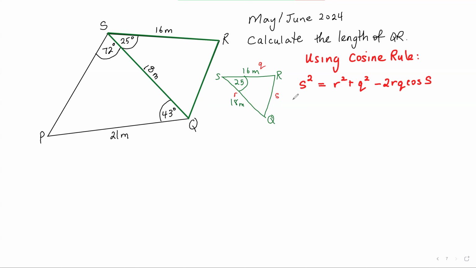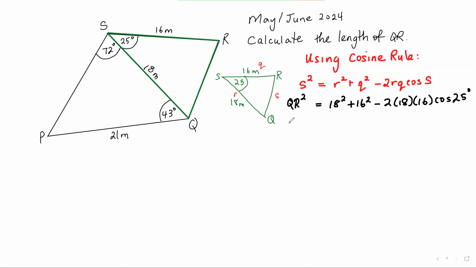That's QR, so I'm actually going to write QR instead of S there. So QR squared is equal to R squared, which is 18 squared, plus Q squared, that's 16 squared, minus 2 times 18 times 16 times cos of S, which is cos of 25. You'll work it out for me. Well, work it out while I work it out.